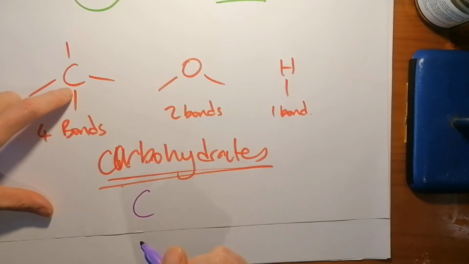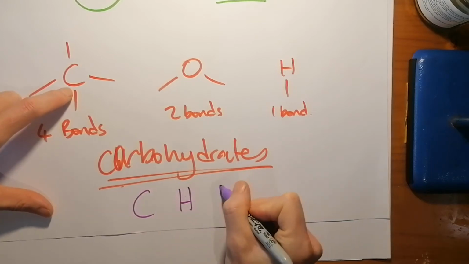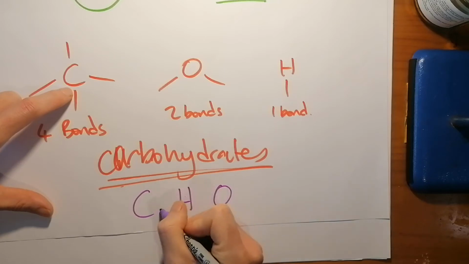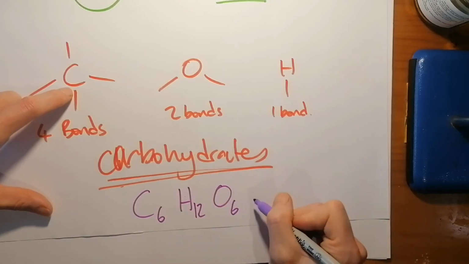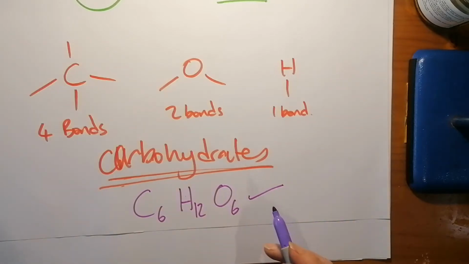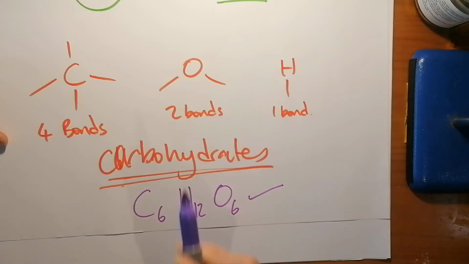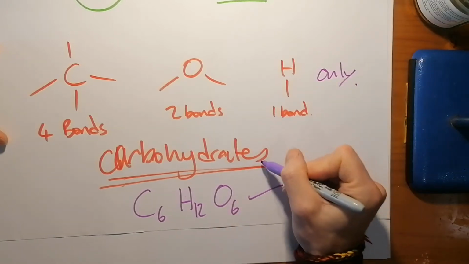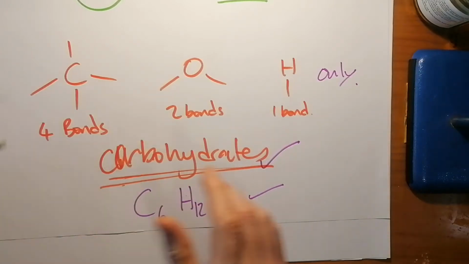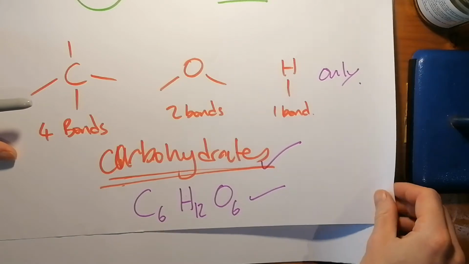They've got twice as much hydrogen in them as they have oxygen and carbon. So they go C6H12O6. So if you see something that contains carbon, oxygen, and hydrogen only, with approximately twice as much hydrogen as oxygen and carbon, then you know it is a carbohydrate. And that's what glucose is.